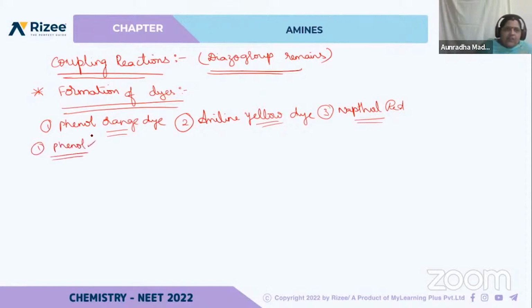In the name itself, it is denoting that one of the reagents is phenol itself. So let's take phenol, OH. Now, what is our other compound? Diazo compound.